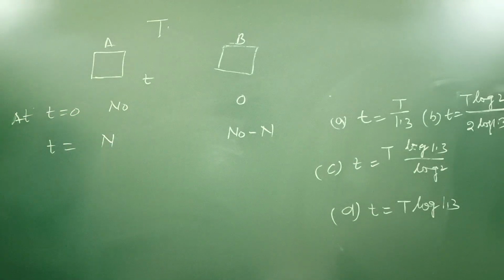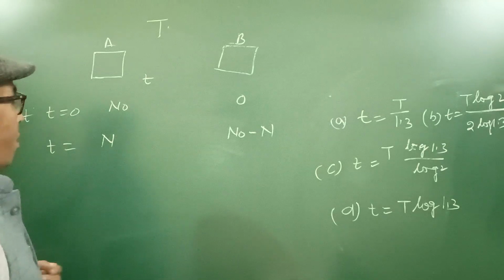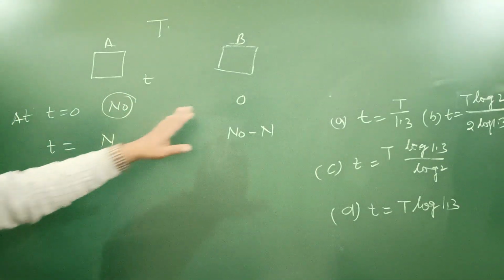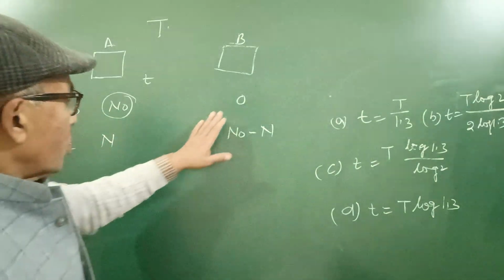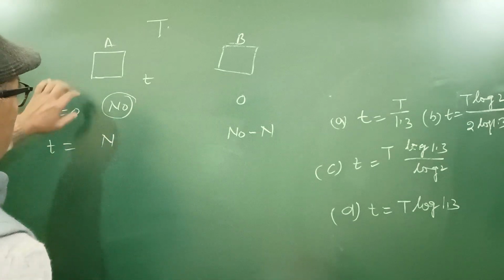Initially it was having N0 atoms, and B was 0.